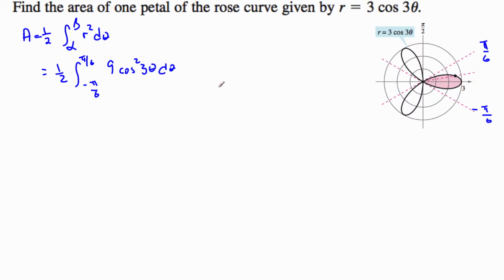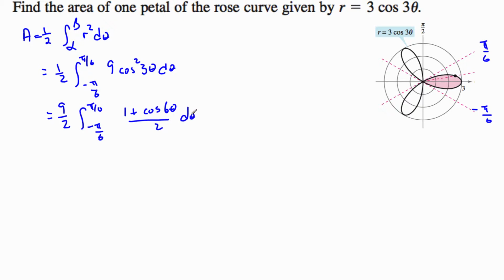Now folks, you can't integrate that, so you're going to need to use a formula to reduce the power here. So this is 9/2. I'm going to factor that 9 out. It's bugging me. Negative pi over 6. You can leave it in, but I'm not going to. Okay, this becomes 1 plus cosine 6 theta over 2 d theta.